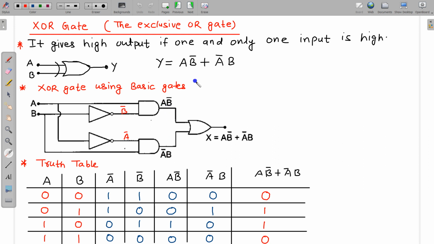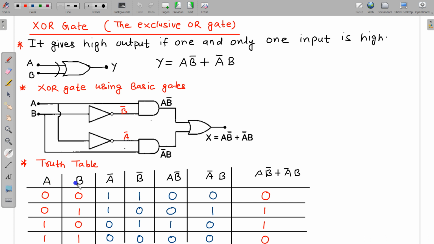Now between these two, plus means OR, so plus represents OR gate, so we need an OR gate, and in the OR gate we are feeding these two values, A B bar and A bar B, and this will give us A B bar plus A bar B. We can also write a truth table for this. So I have written all the values in order.